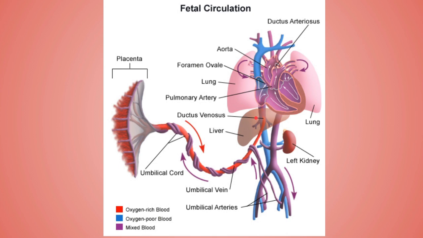If you remember, this ductus venosus is the bypass, or we can say the shunting vessel. Because of this ductus venosus, the pure blood from the umbilical vein will be bypassed from the liver towards the inferior vena cava. Now from the inferior vena cava, the pure blood will actually enter into the right atrium.